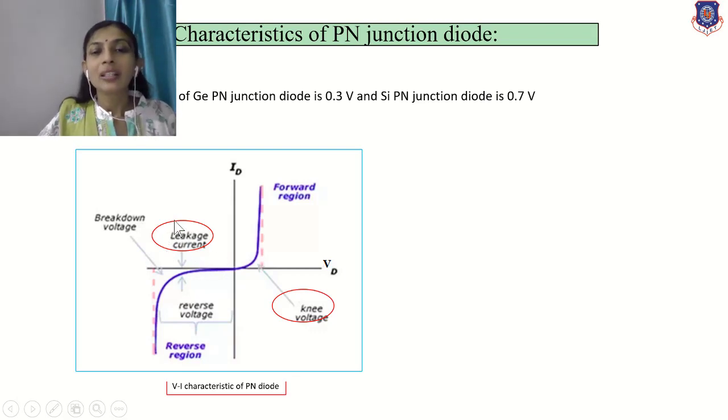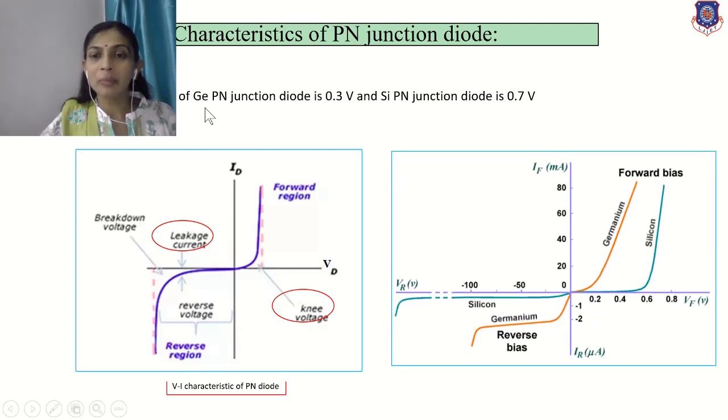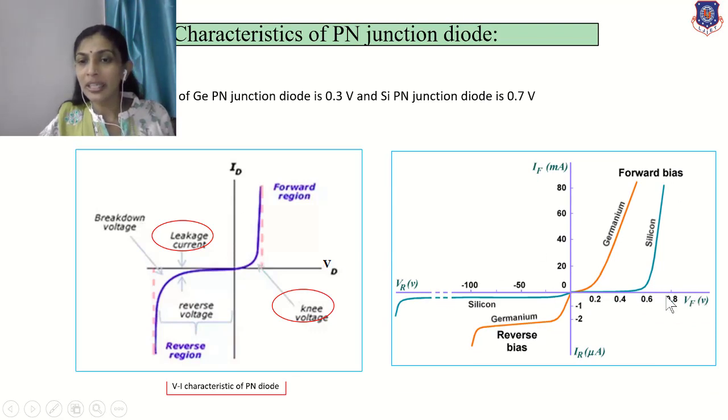Let's continue with the two different types of semiconductors, silicon and germanium. Again, I have drawn the VI characteristic. This is the voltage axis, and the Y axis is the current axis. Current is measured in milliamperes. I have drawn two graphs: one for germanium in orange color, and another for silicon.